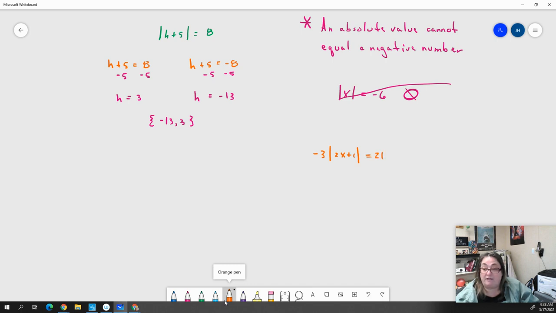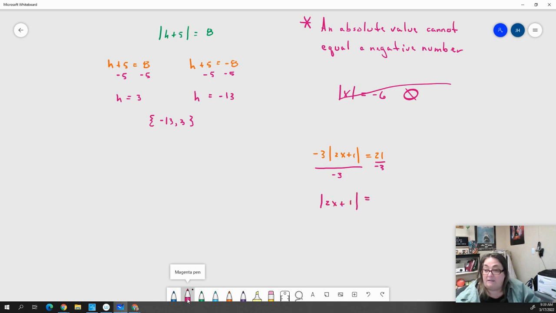And I start solving, and I go, okay, well, I've got to get this negative 3 off of here, right? So I'm going to divide both sides by negative 3 so that I wind up getting my absolute value by itself, 2x plus 1. 21 divided by 3 is 7, but it's going to be negative 7.